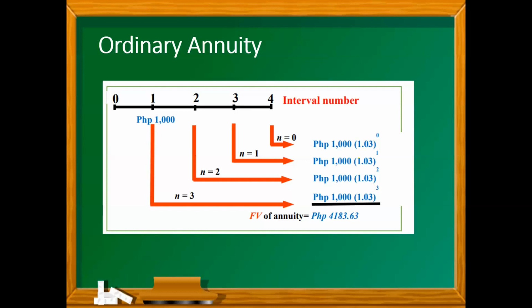Now, we're going to make use of the capital R for each payment in an annuity, or this is the regular payment.